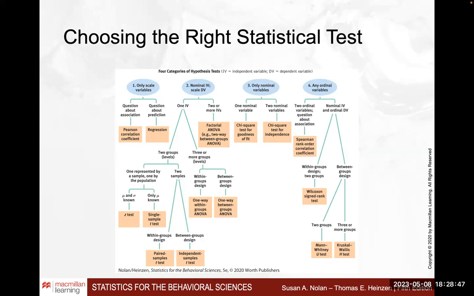So know those differences. Three or more groups, three or more levels, is basically ANOVA. Good. Two or more independent variables gets you to factorial ANOVA, or a two-way between groups ANOVA. It will not be part of the final. However, we'll need to know what it is.